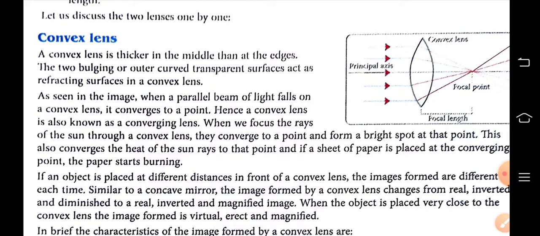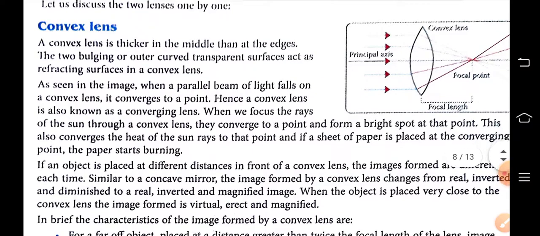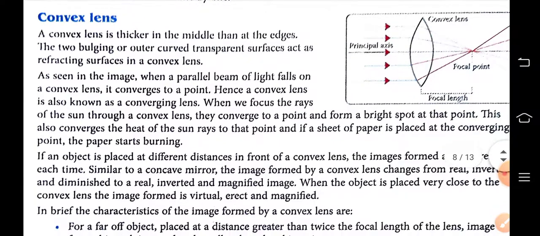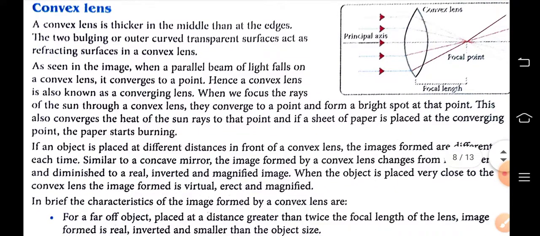The convex lens is known as converging lens, and when we focus the rays of the sun through a convex lens, then it converges to a point and forms a bright spot at that point. And this also concentrates the heat of the sun rays.